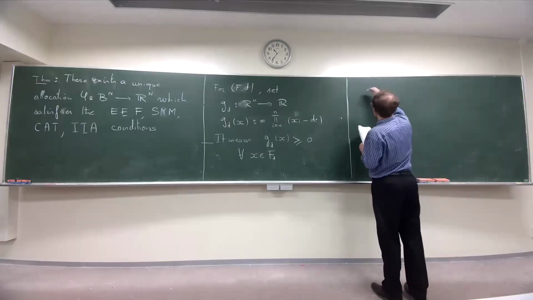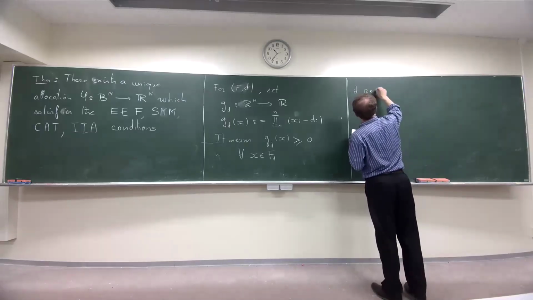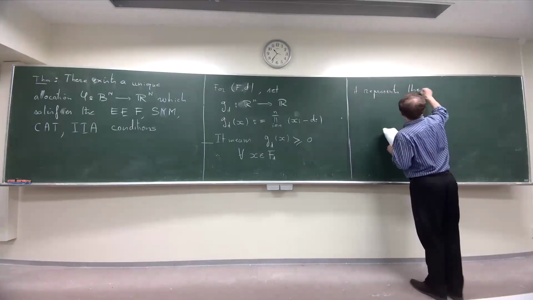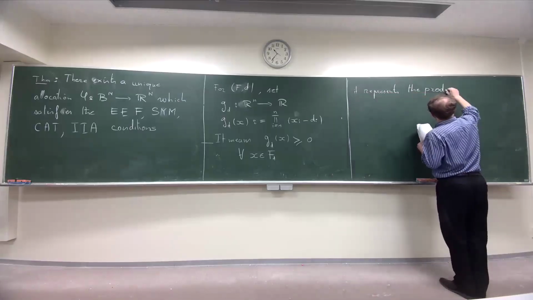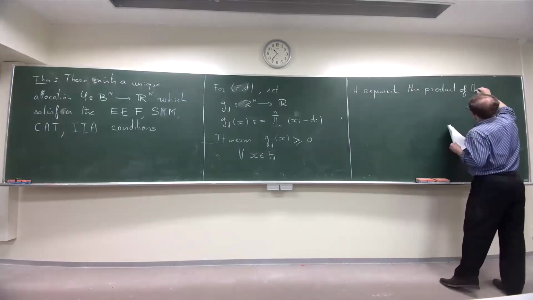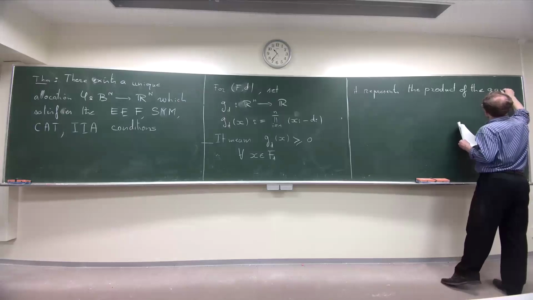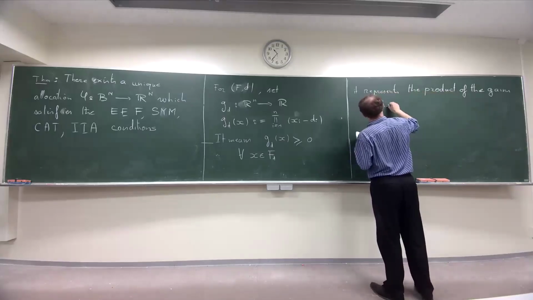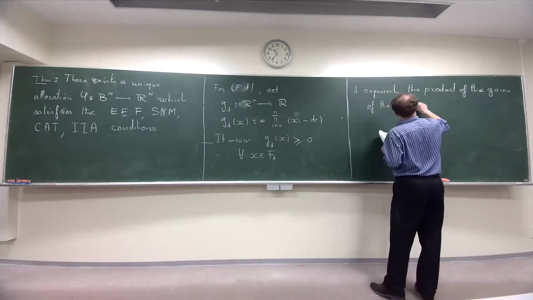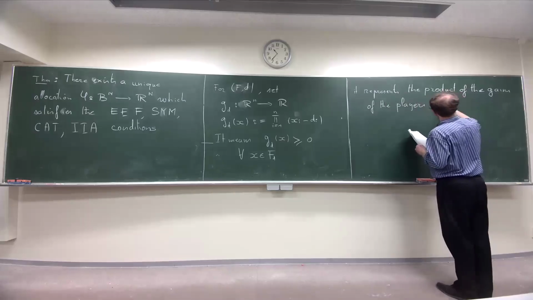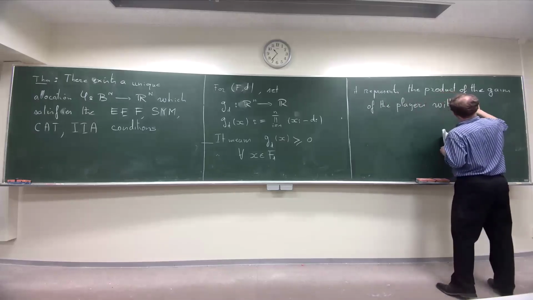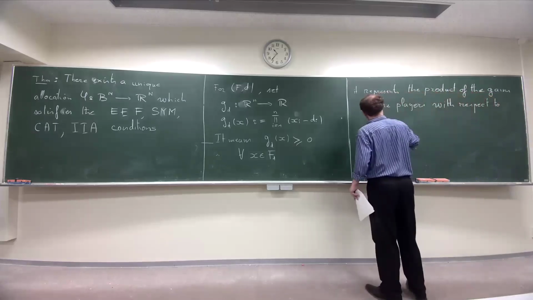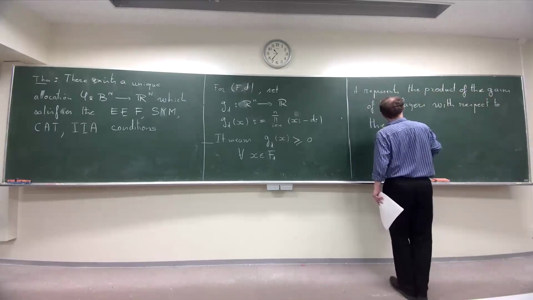This function represents the product, because it's a product, the product of the gains of the players with respect to the disagreement point, because it's a difference with the disagreement point.